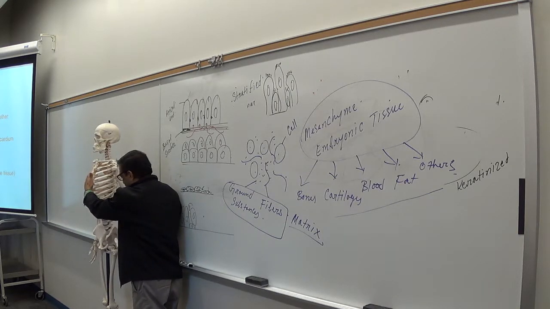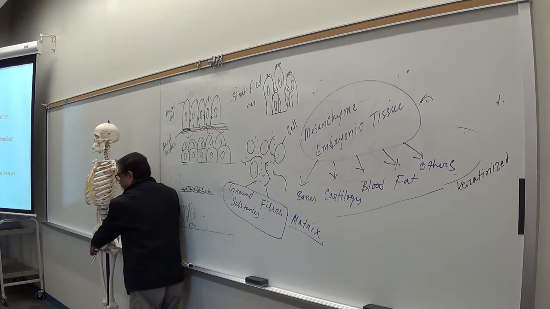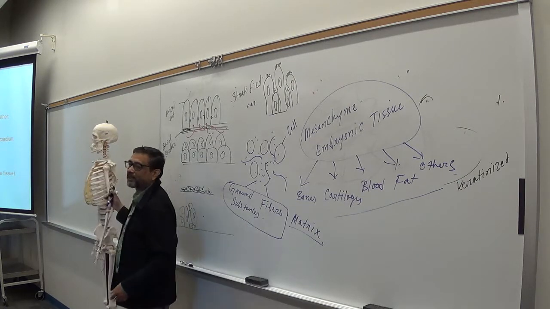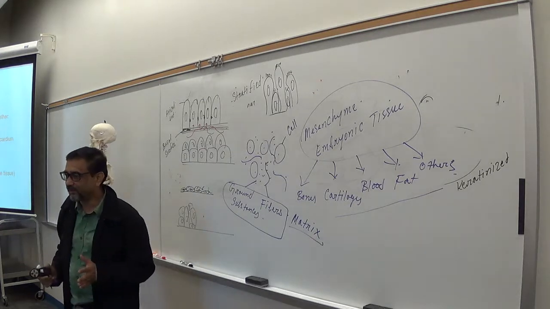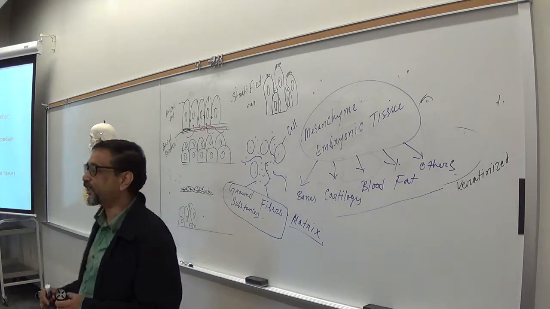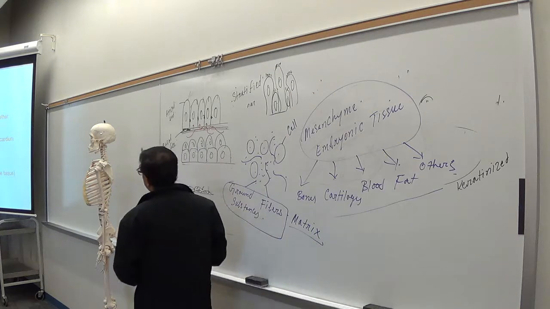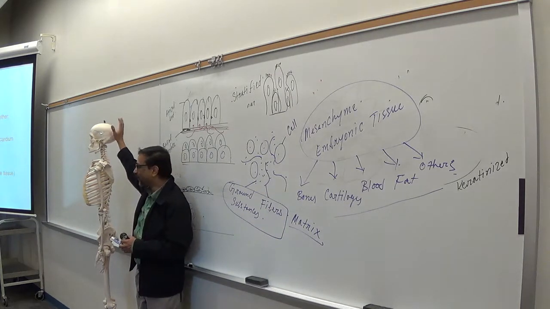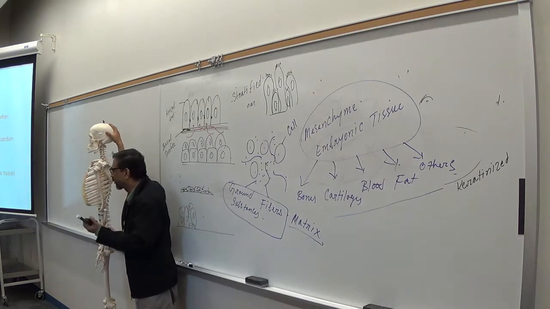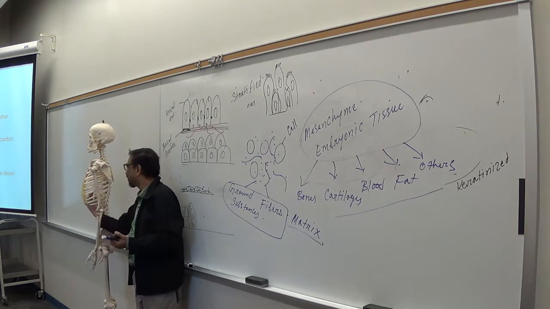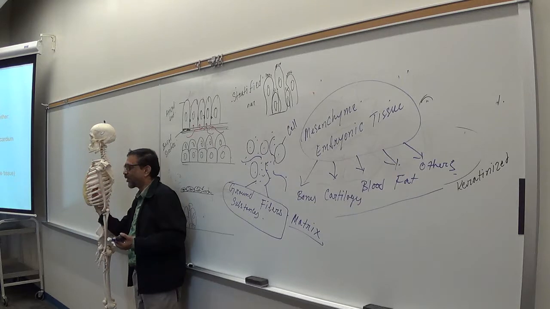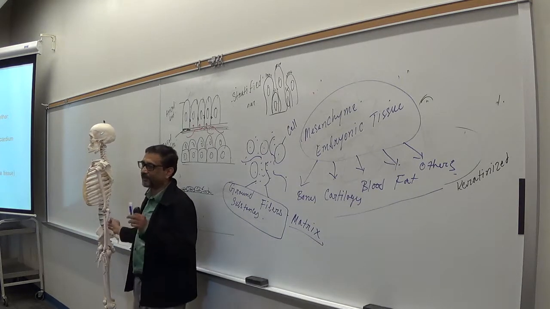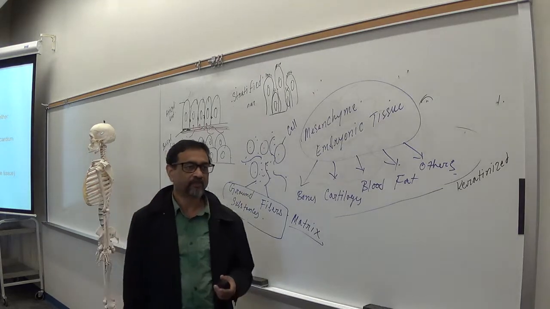Here you see another piece of cartilage connecting these two bones. So connection is one function. Another is protection. Your most important organ, the brain, is protected by the bones. Bones are connective tissue. The rib cartilages are connective tissue, and your heart and other important organs are protected here. So protection is another function.